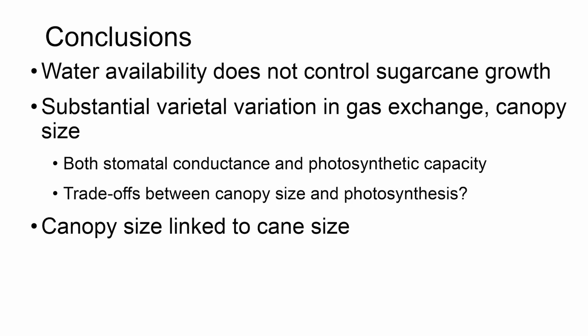Also, I'm encouraged we found substantial variation in gas exchange and canopy traits, and so that's something we can work with. The idea is if we can find more traits that are important for sugarcane and actually influence sugarcane yield, we can start selecting for those, so that can be part of the selection process of sugarcane.